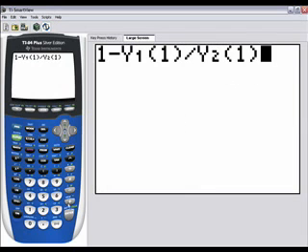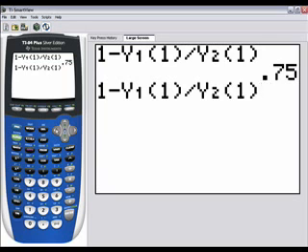Okay, and this is going to give us our next value, and it's 0.75, which should be. And now what I do is instead of plugging in 0.75, I do second entry, and I go back, and wherever I had a 1, I put second answer. So it's going to use the previous answer. It'll use 0.75 and plug in 0.75.